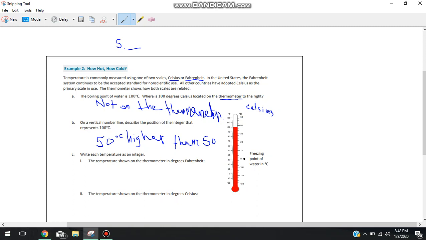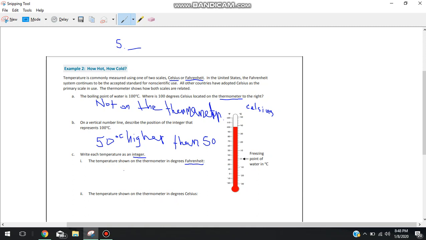C says write each temperature as an integer. The temperature shown on the thermometer in degrees Fahrenheit. Now we're being asked about Fahrenheit. So what is the temperature in degrees Fahrenheit? Now I'm not looking on this side anymore, right? Because we're dealing with Fahrenheit. So this red line will tell me what the temperature they want me to tell them is. And that red line stops at exactly, it looks like, 100 degrees Fahrenheit.